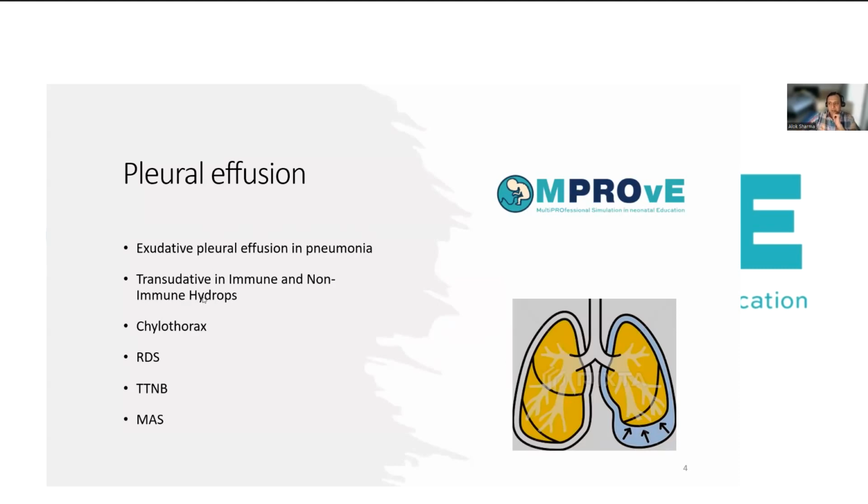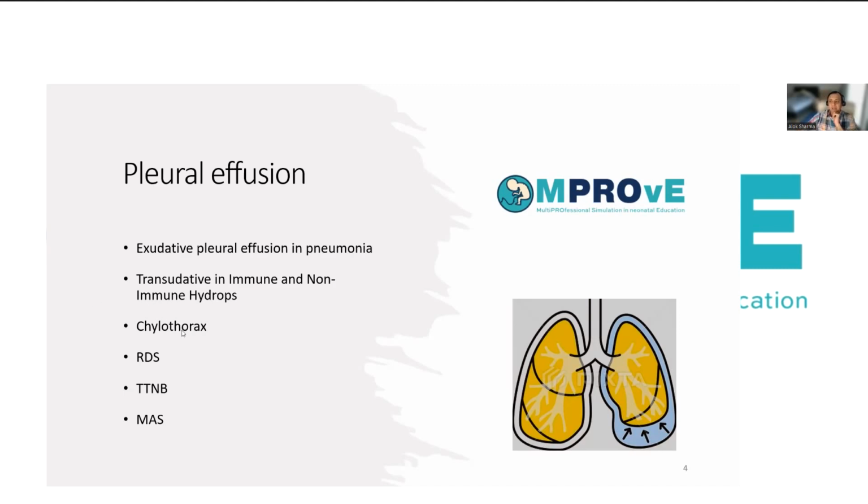But the more common presentations that we see in particular with term neonates are as transudative pleural effusions, non-immune hydrops and chylothorax. And often these are antenatally diagnosed by ultrasound, which is able to demonstrate fluid in the intrathoracic cavity of the fetus.